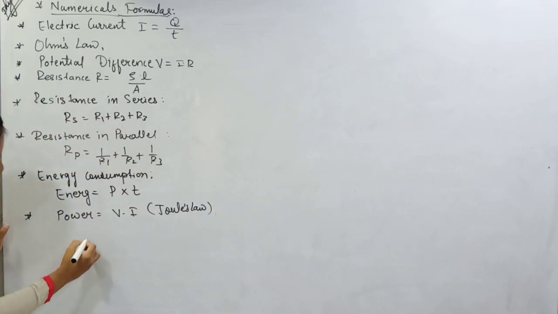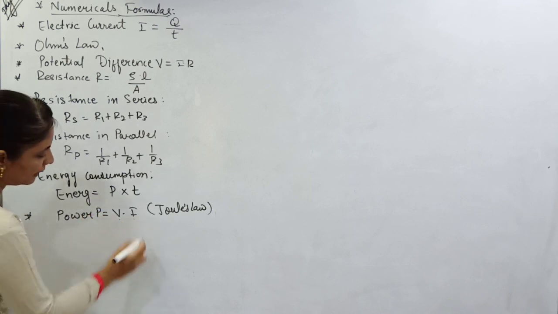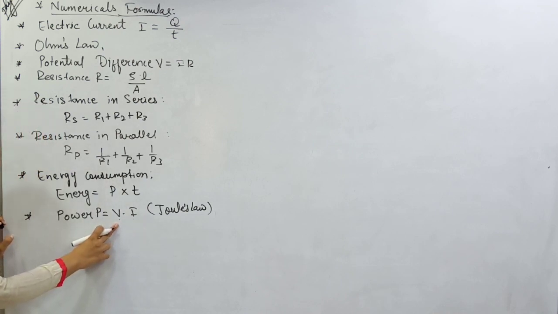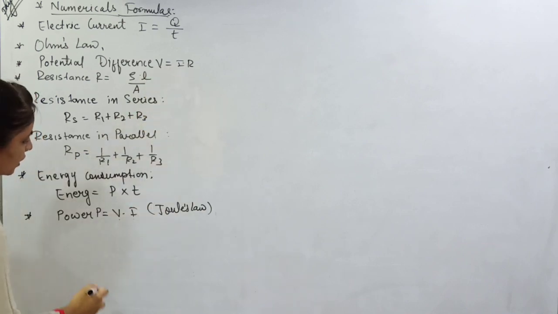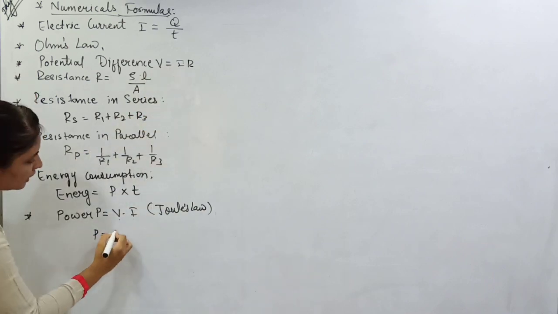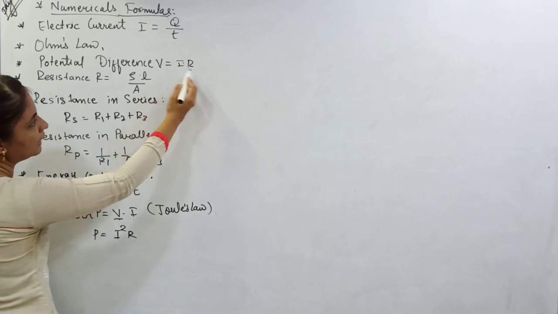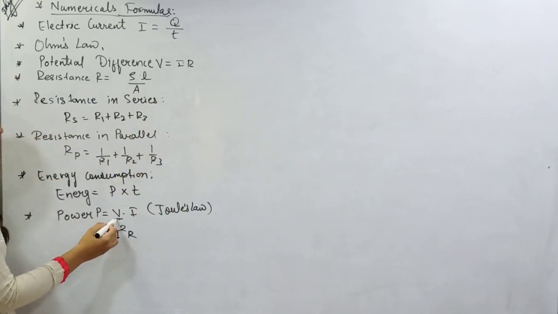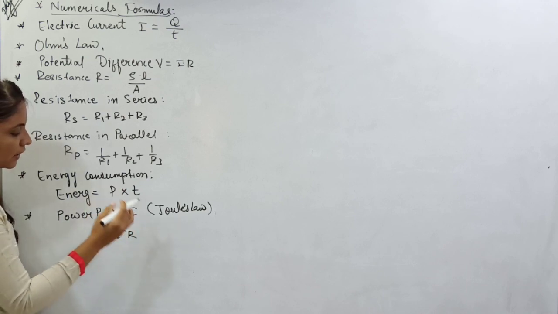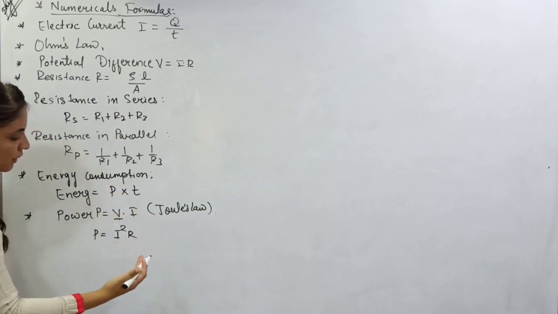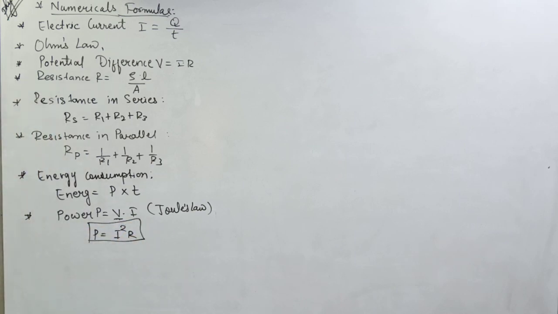So power P is equal to voltage V multiplied by current I. In place of V, you can put the value from Ohm's law, that is V is I into R. So my equation can change into the form of I square R, because V is I into R. One current symbol is already there, so I into I is I square, multiplied by resistance. So P is equal to I square R, that is one more formula.